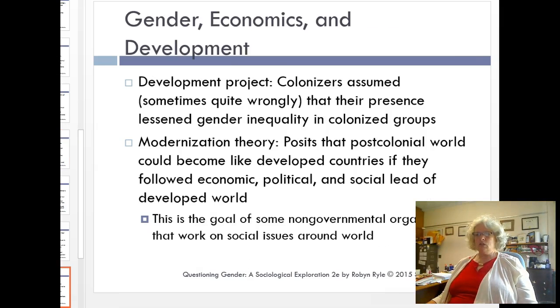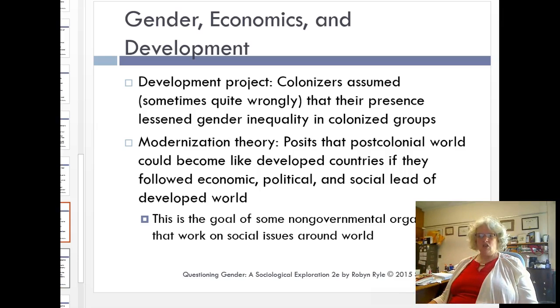Speaking of economics, let's jump down to economics, gender economics and development. And so here we look at these theories as far as the pressure on groups based on their gender inequality in the colonial period. We look at the modernization theory and how the post-colonial world could become more developed.